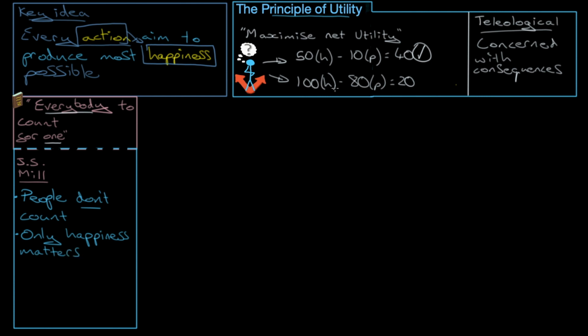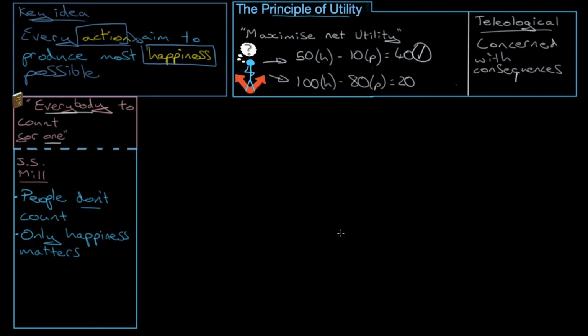If we look back at this example again, notice I didn't include people in it. I just included happiness and pain. So it could be that in this example, there's one person that's going to experience 50 happiness and 10 people who are going to experience 1 pain each. Doesn't matter. It's the net result that matters only.